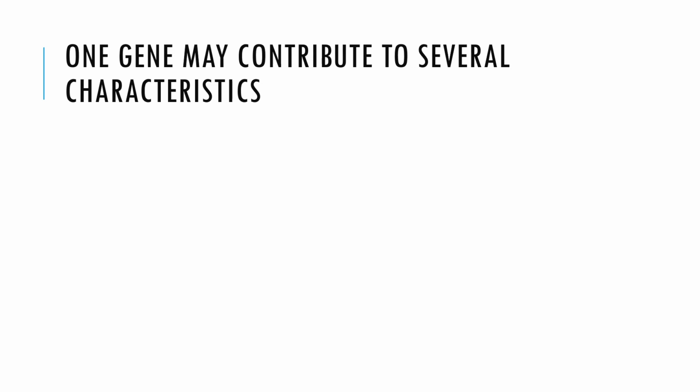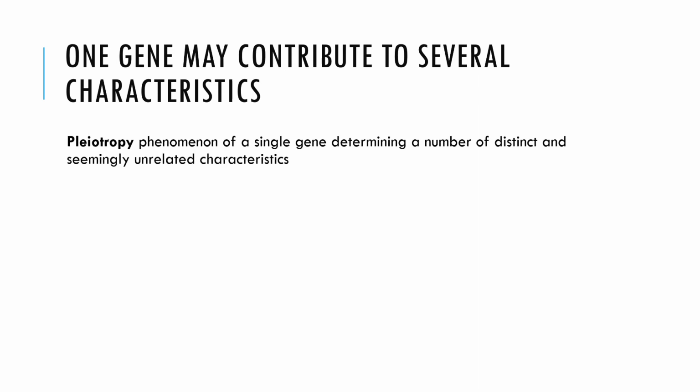The phenomenon of a single gene determining a number of distinct and seemingly unrelated characteristics is known as pleiotropy, because geneticists now know that each gene determines a specific protein and that each protein can have a cascade of effects on an organism. We can understand how pleiotropy arises.